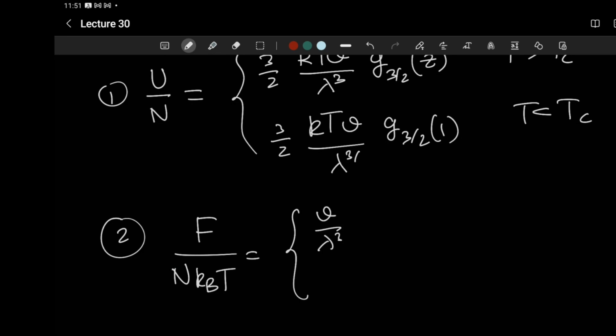Can someone look up this subscript? My eyes aren't good. Is this G3 by what is it? These are all by the last number. That one will be 5/2 by 3/2. See, my eyes aren't good. I'll take care of it. Thank you.